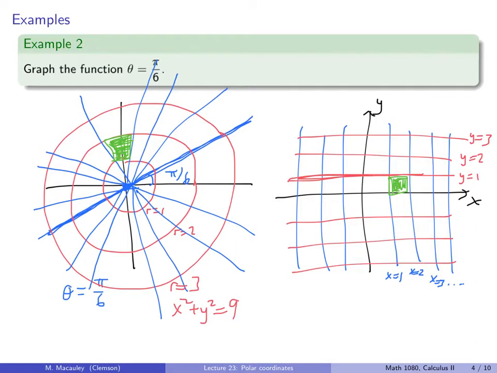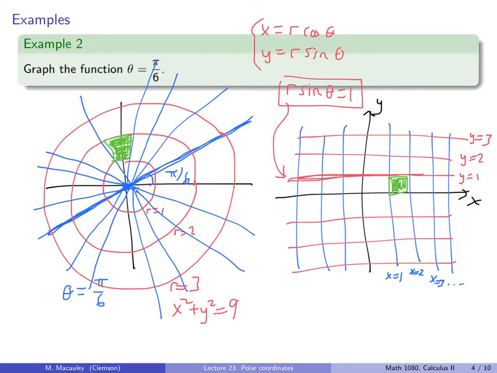So recall that x equals r cosine theta and y equals r sine theta. So this constant function right here is r sine theta equals 1.